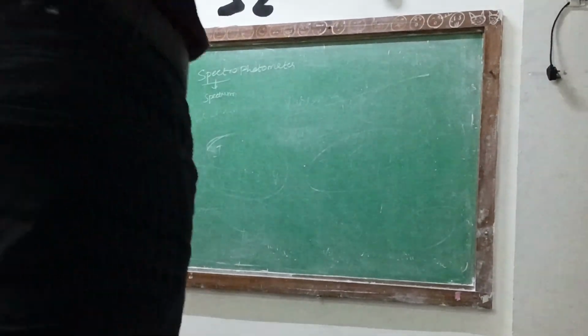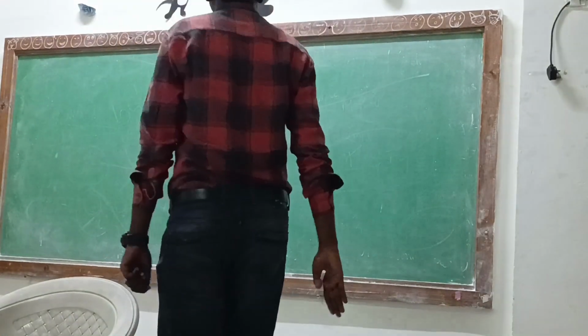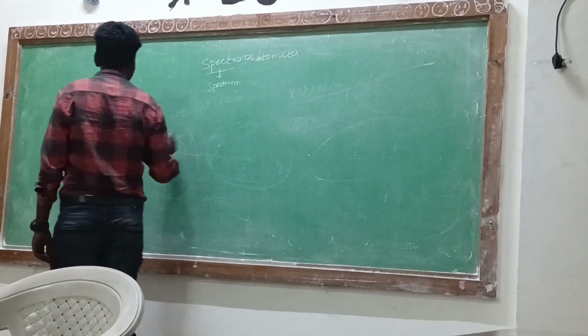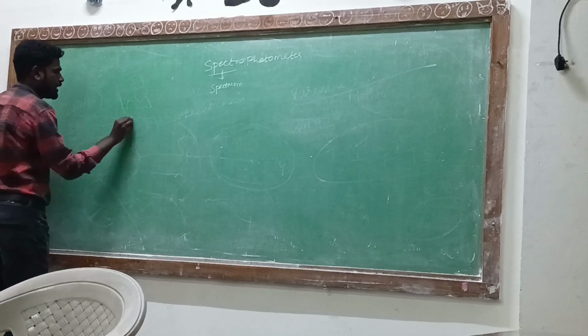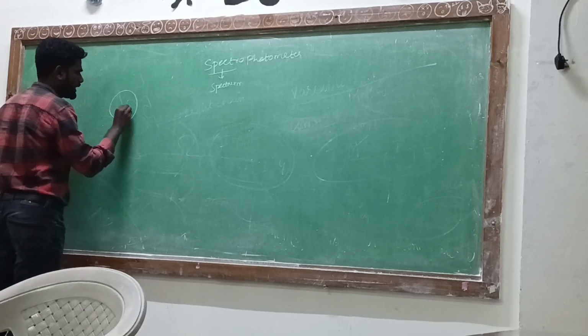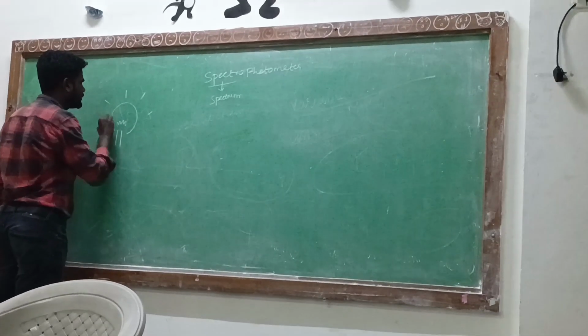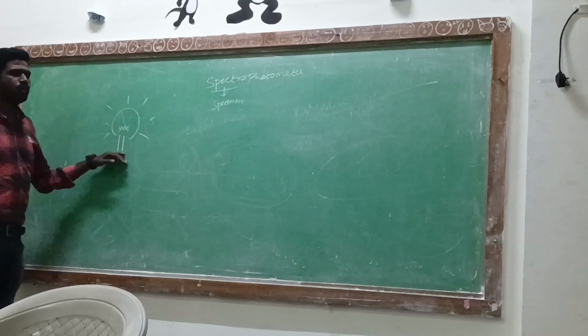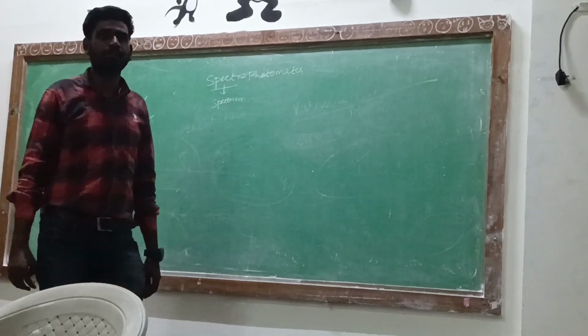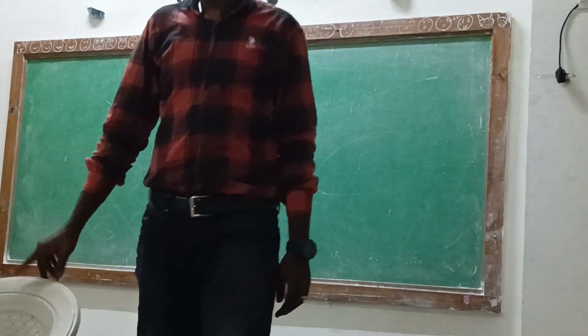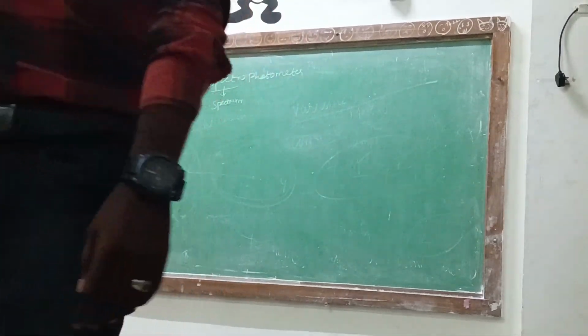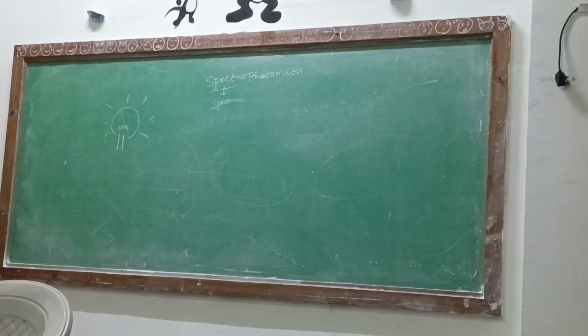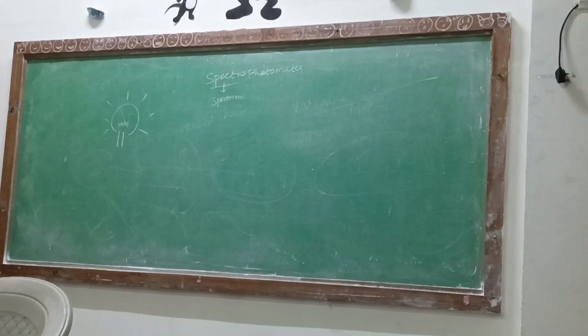First we will see the components of the spectrophotometer. It has a light source through which the light is emitted, and here the light means white light. In the colorimeter, what lamp did we use? Tungsten lamp.